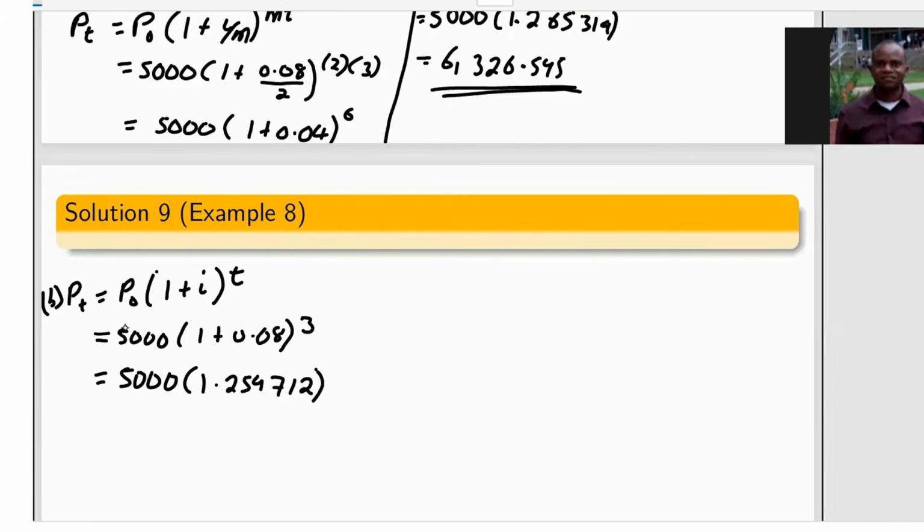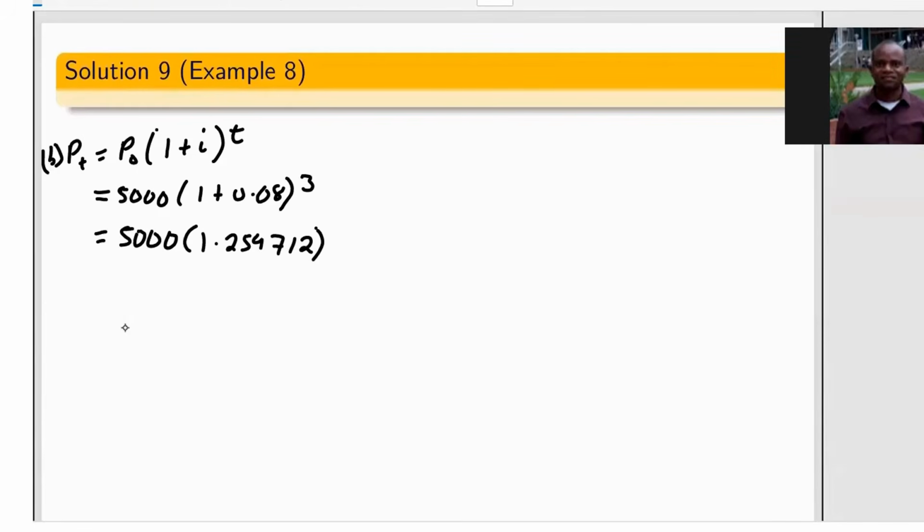In fact, I prefer keeping this value on a calculator and I simply multiply by 5,000 there so that I don't lose the accuracy. So if I multiply there, what I get is 6,298.56. So this is the return when 5,000 is invested for 3 years compounded annually.